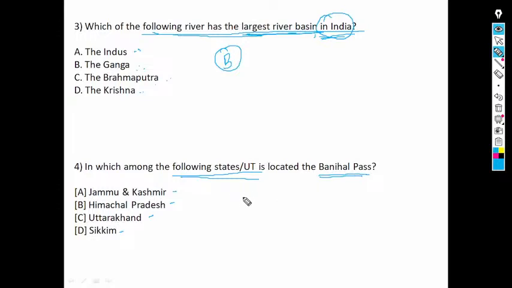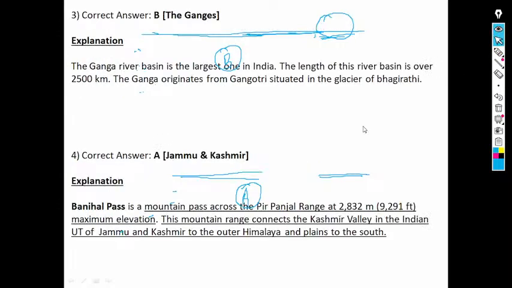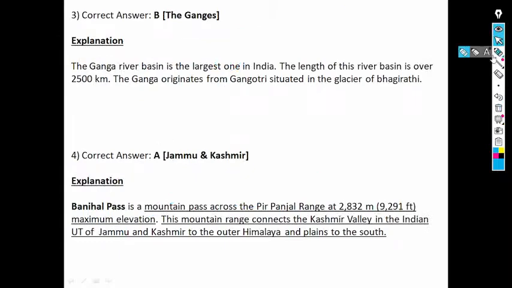It is Jammu and Kashmir, basically. Jammu and Kashmir is no more a state now. It is currently recognized as a UT.